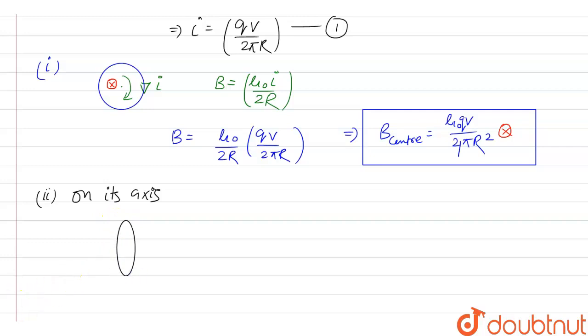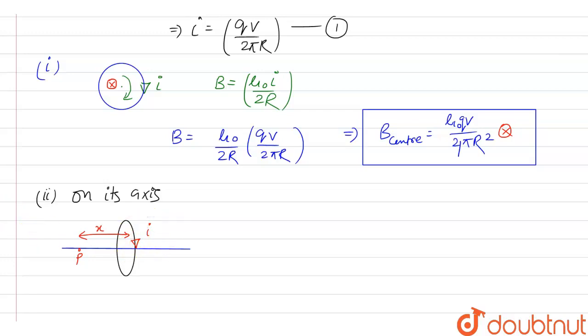Suppose this is our loop and this is its axis on which we have to find the magnetic field. So there is a point P which is at a distance x from the center of this current carrying loop. Here the current is also in the clockwise sense, so it will be this way.